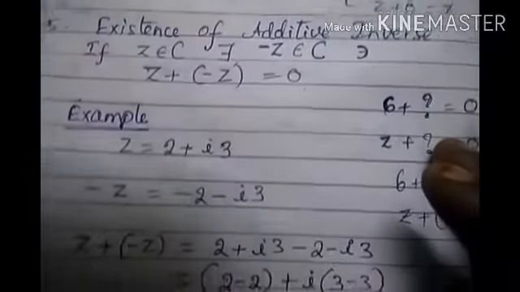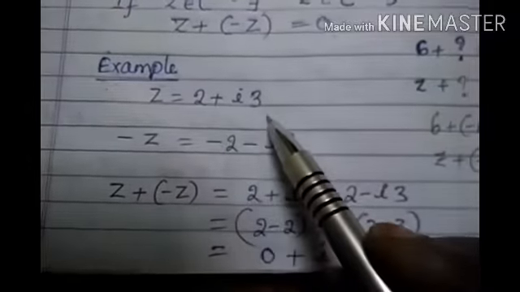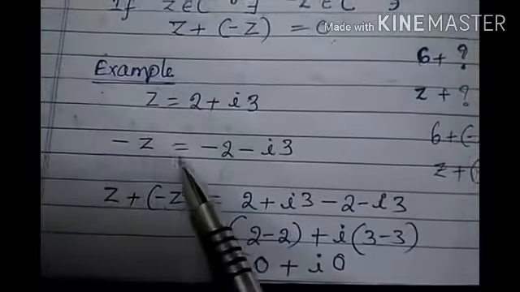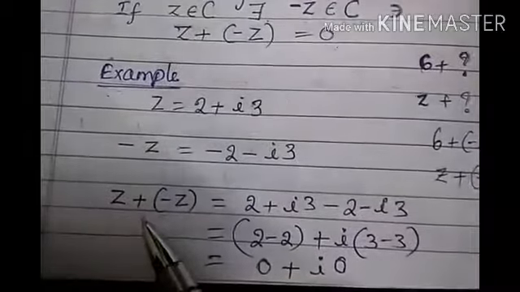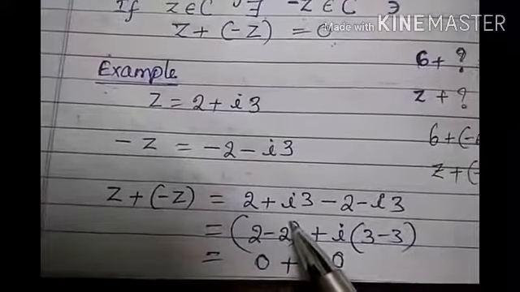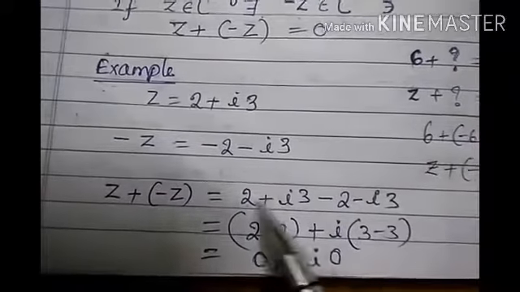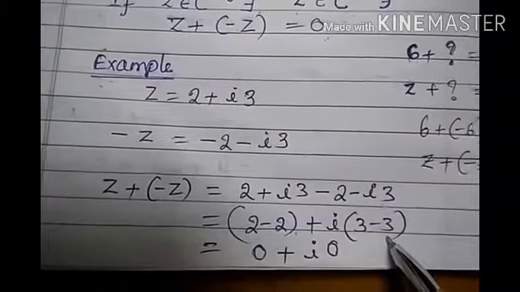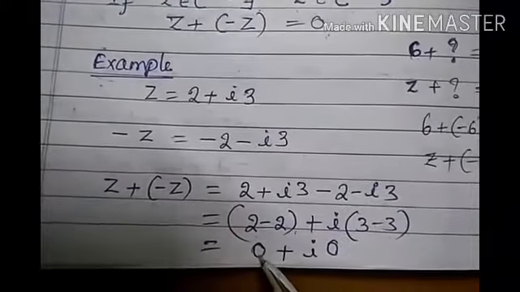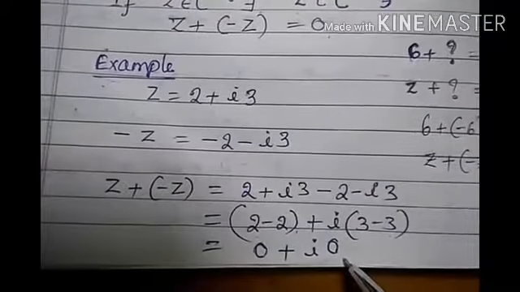Let us verify an example. z equal to 2 plus 3i, minus z equal to minus 2 minus 3i. z plus minus z equal to 2 plus 3i minus 2 minus 3i. If you add real parts together and imaginary parts together, 2 minus 2 gives 0 and 3i minus 3i gives 0i.